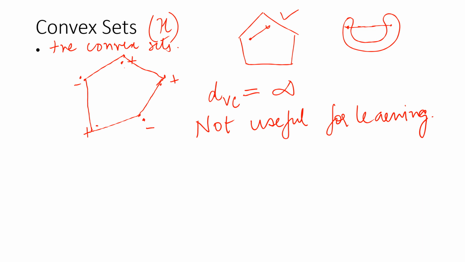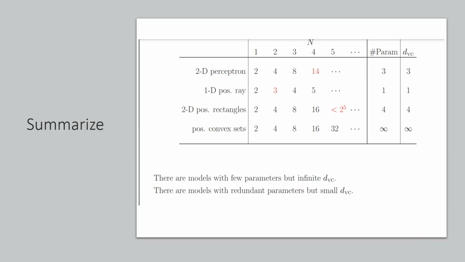Okay, so what have we done? Let's summarize it here. We looked at the 2D perceptron, the 1D positive ray, 2D positive rectangles, and positive convex sets. And we also figured that there are models with few parameters but infinite VC dimension, and models with more parameters, meaning redundant parameters, but smaller d_VC.